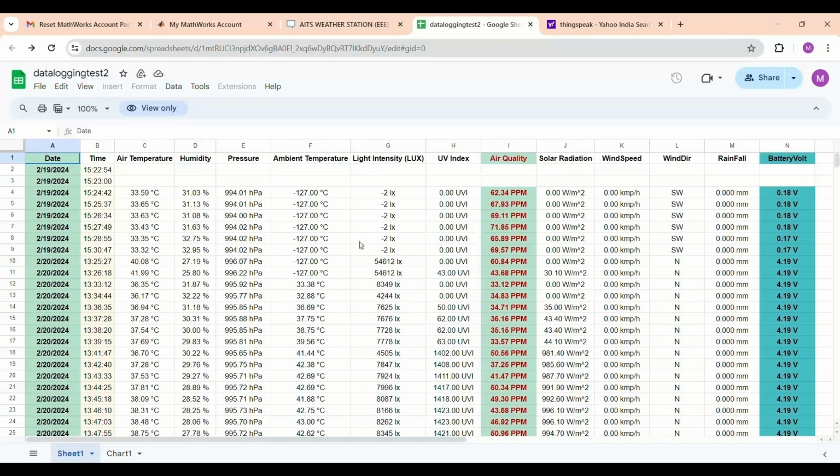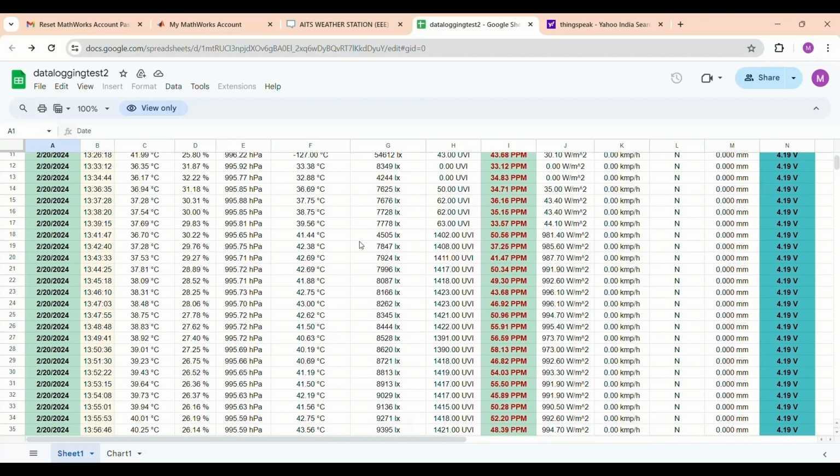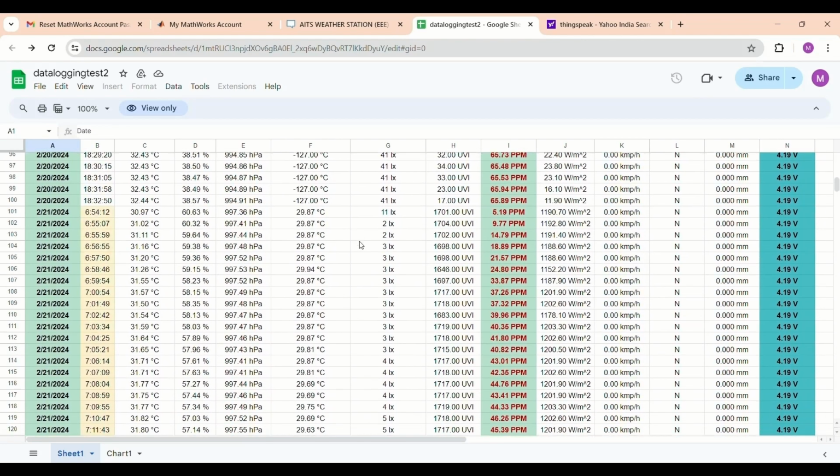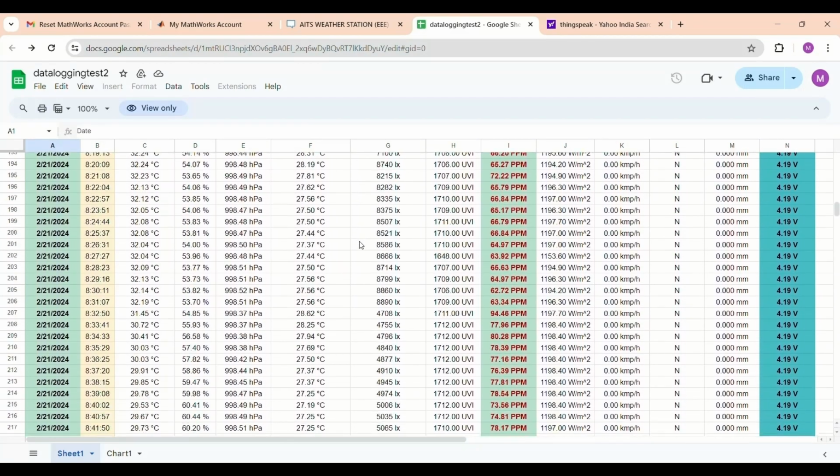It will also display the values, and it will record and store the values collected by the sensor. Every data point will be recorded every 1 minute.